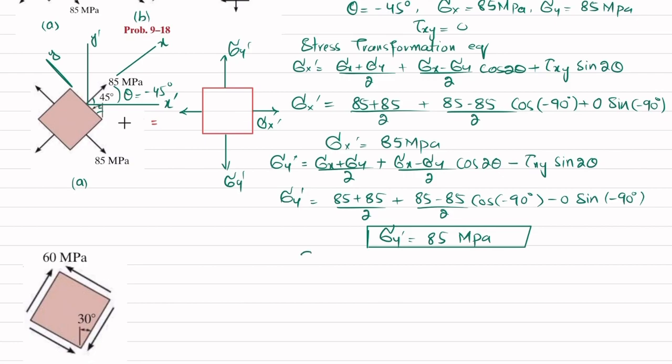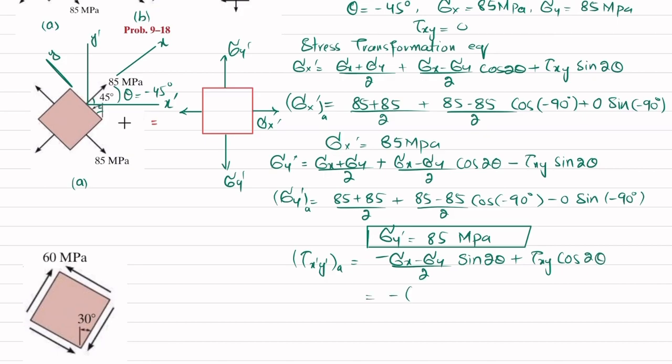Now we'll find tau of x dash y dash, and all these are for case A, so I will put A over here. Tau of x dash y dash for A is equal to minus sigma x minus sigma y divided by 2 into sine of 2 theta plus tau of xy cos of 2 theta.